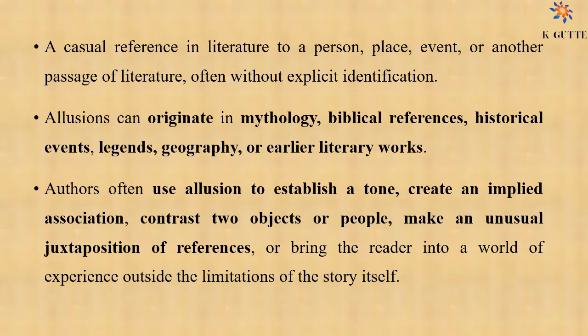Authors often use allusions to establish a tone, create an implied association, contrast two objects or people, make an unusual juxtaposition of references, or bring the reader into a world of experience outside the limitations of the story itself.